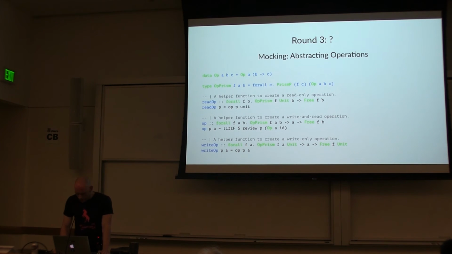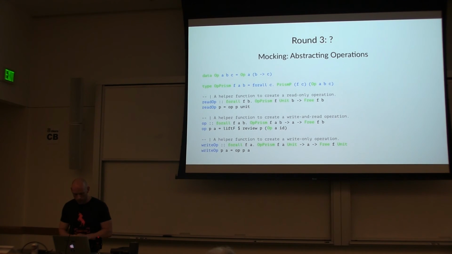Once you've defined this notion of a prism, it is really powerful, because a prism cannot just possibly extract a term from a sum, but given that extraction, it can turn around and create the sum value of that type. So I can define three functions which, given a prism, will create a read-only operation, a write-only operation, and a generic operation that has read and write components.